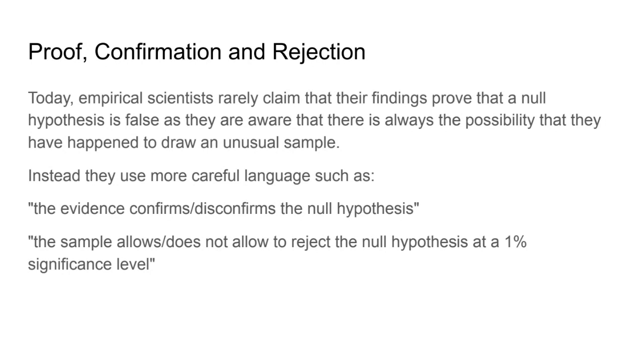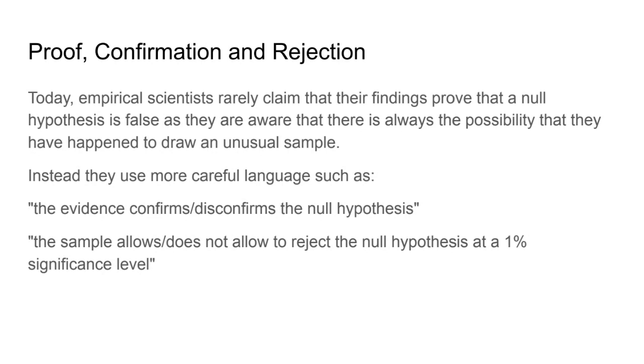If the p-value is 1%, that means if you draw 100 samples, one of those will have such a p-value. And it can just happen that you draw such an unusual sample. It's not impossible. It happens all the time.